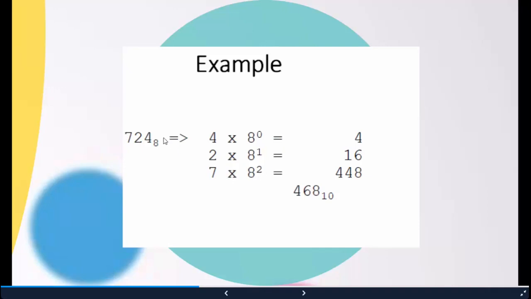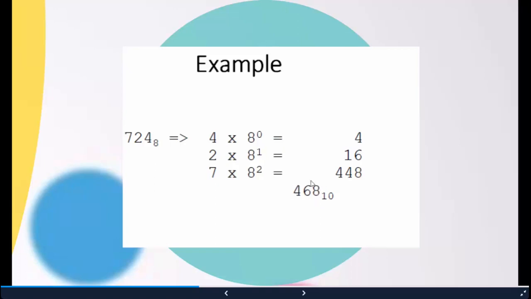If you raise it to the power, you have 4, 16, and then 448. When you add that up, 4 plus 16 plus 448, you have the decimal value of 468. So if you're asked to convert 724 octal to decimal, the answer is 468.